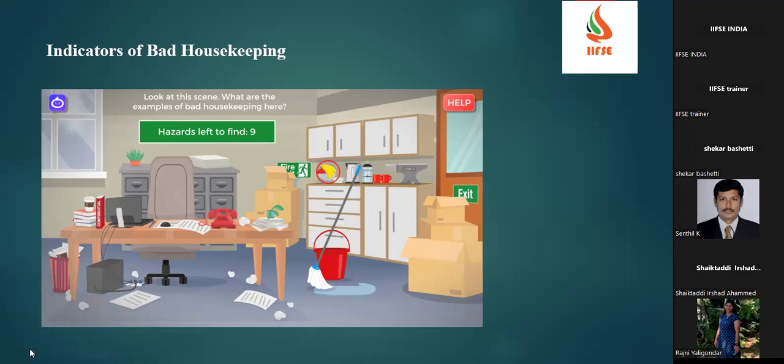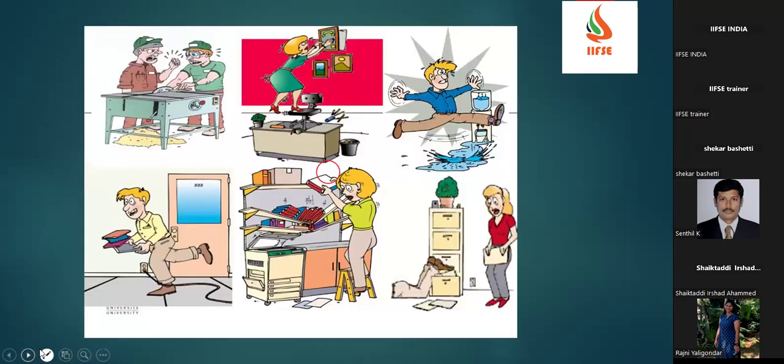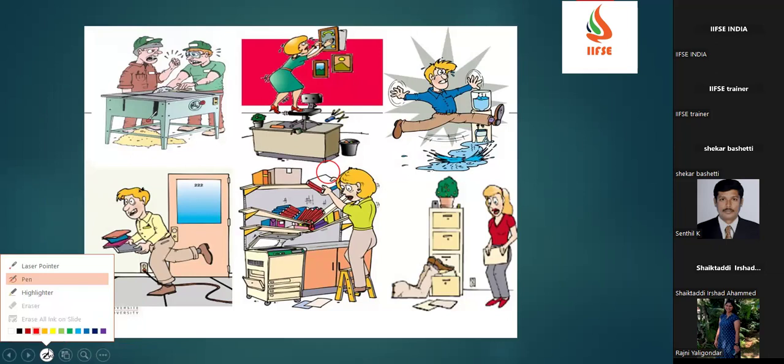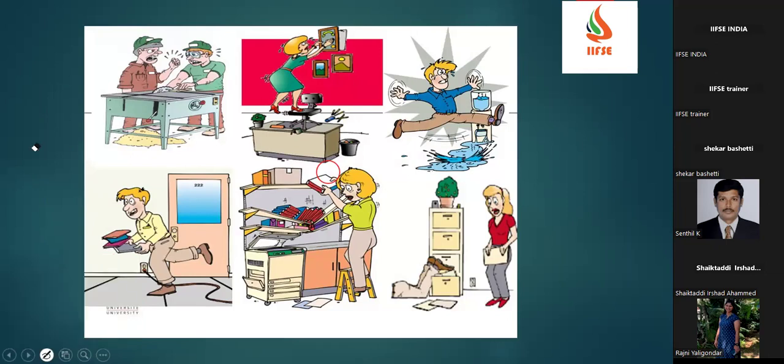Fine. Okay, tell me what we can see here. Without hand gloves and operating the machine.